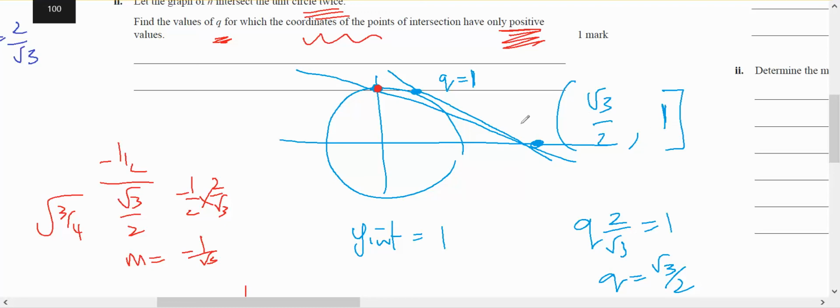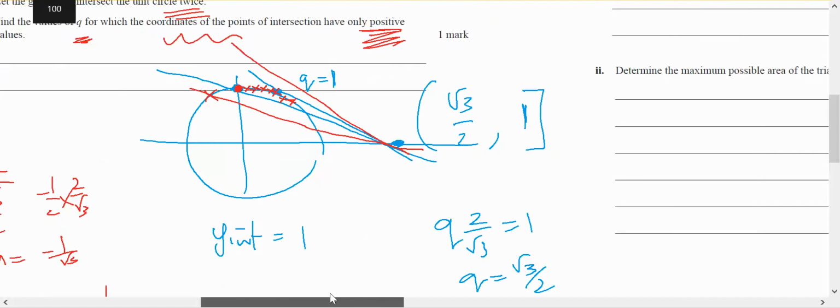So that's my range because I want it to intersect in those spots. If it's bigger than 1, I'll have no intersection point. If it's smaller than this value, I will have a negative as well as a positive.